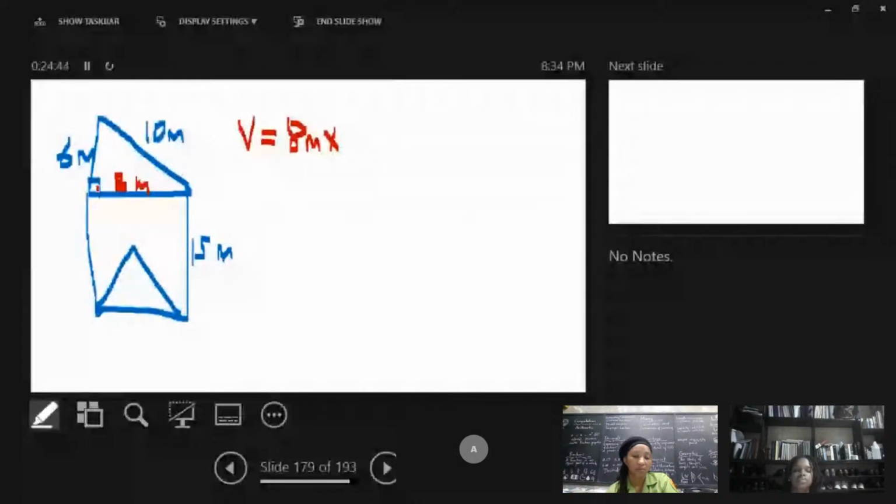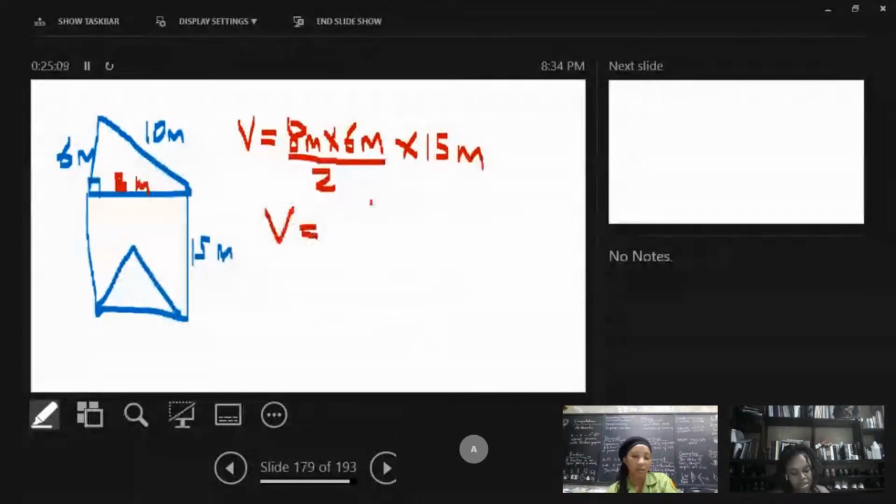You could call 8 the height or 6 the height. It doesn't matter. Okay, so 8 times 6 times 15, half base times height, times the height of the prism. Over 2, sorry. So 8 times 6 is 48.